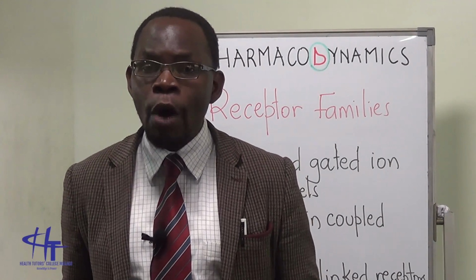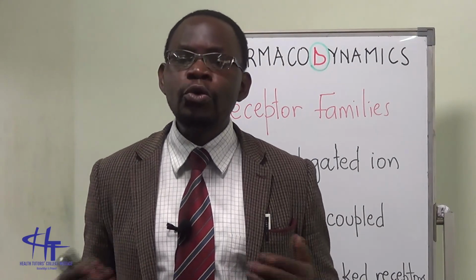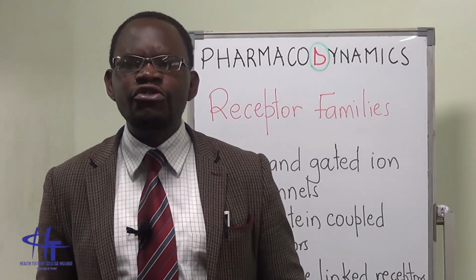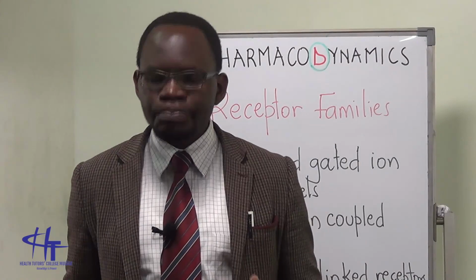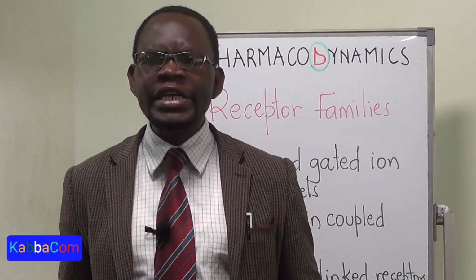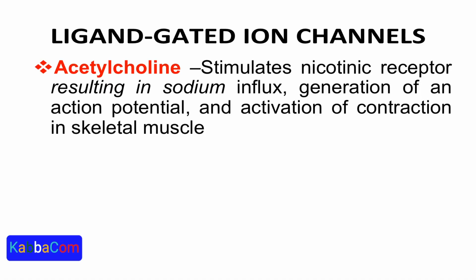And so this is how benzodiazepine is able to work. We also have other neurotransmitters like acetylcholine. We shall talk about the autonomic nervous system later on.